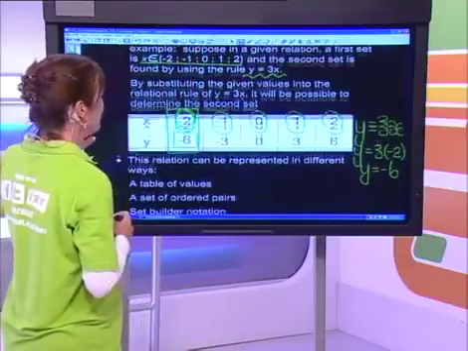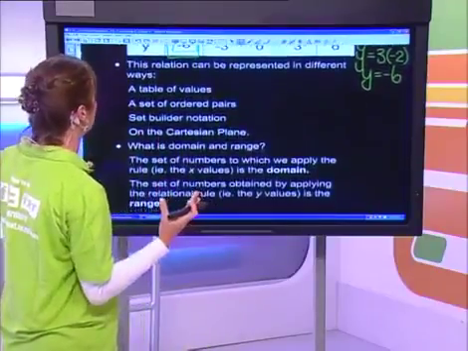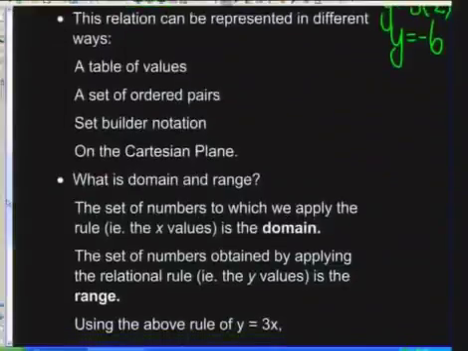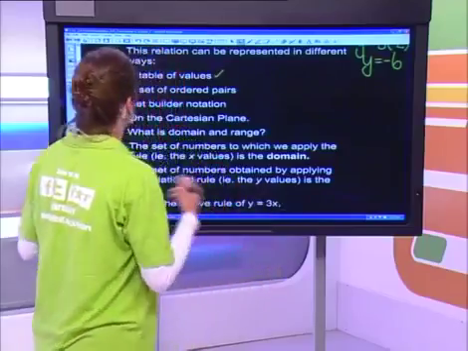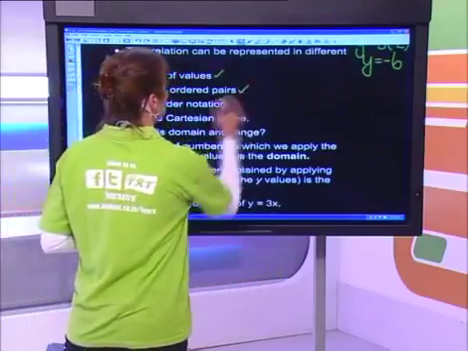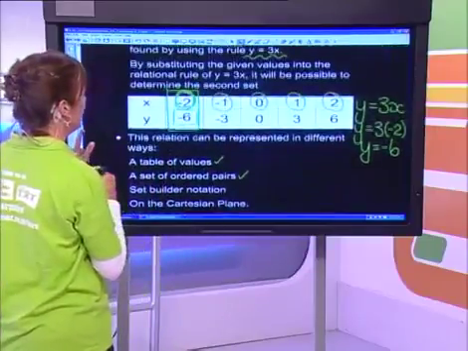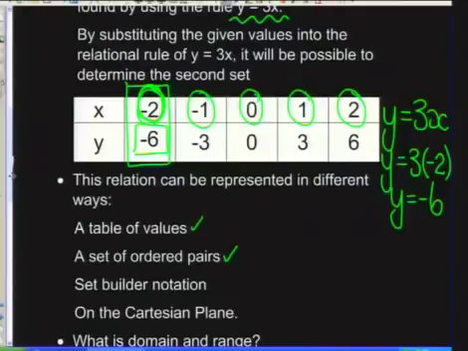Okay, different ways of representing a relation, just so we are aware of it. We can do it by means of a table, just as I've illustrated above. We can show relations in terms of ordered pairs. Instead of having it this way, I would have a bracket and show that it's (-2, -6), like so.